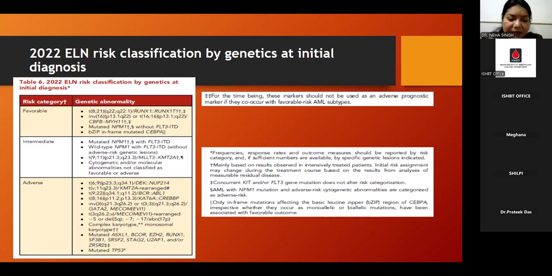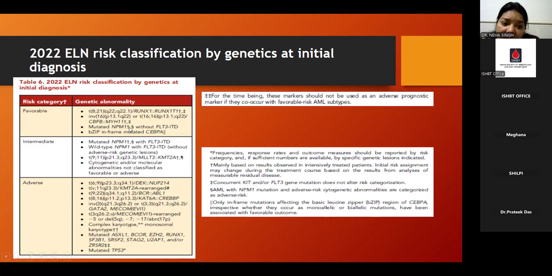Let me try it another way. The favorable risk has to be decided on the basis of MRD analysis, number one. Number two, in case of NPM, they have given a rider that if NPM is present without FLT3-ITD and you get along with it monosomy 7, that case will become adverse, because NPM associated with MRC-related adverse cytogenetic abnormalities will become adverse risk.